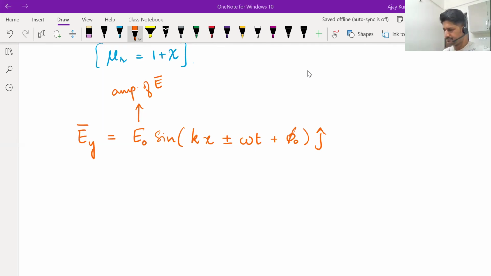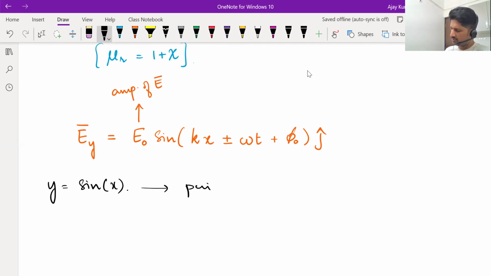Okay, listen. Can one of you tell me what is the period of repetition of this function, y is equal to sin x? What is the period? After what interval does it repeat itself? 2 pi.